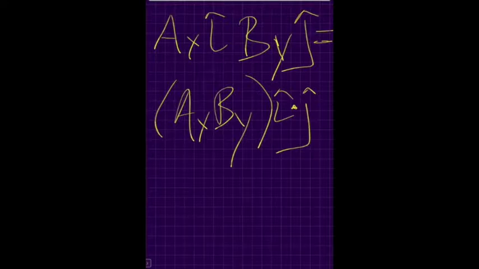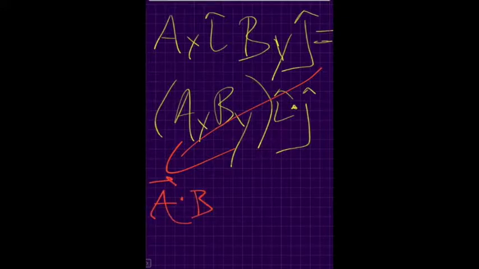But i hat dot j hat we said was 0, right? So this whole thing crosses out, and there's 2 more terms to go. The same pattern happens, and all the unlike terms cancel out, of course. So in the end, A dot B equals AB cosine theta.